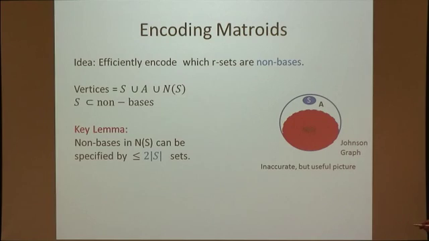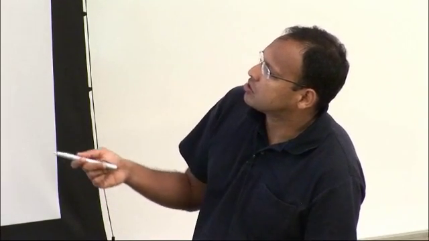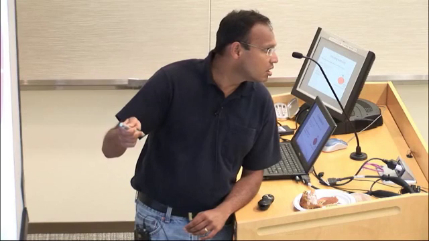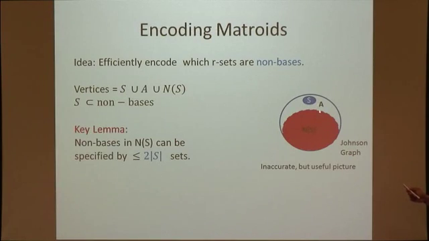But what we'll show, and this is the next key lemma for matroids, is that all the non-bases in this neighborhood of S can actually be specified by essentially twice the size of S. It'll be clear what I mean by this. So even though your matroid could have lots of non-bases here, there is a very small witness for them. Let me explain what I mean.